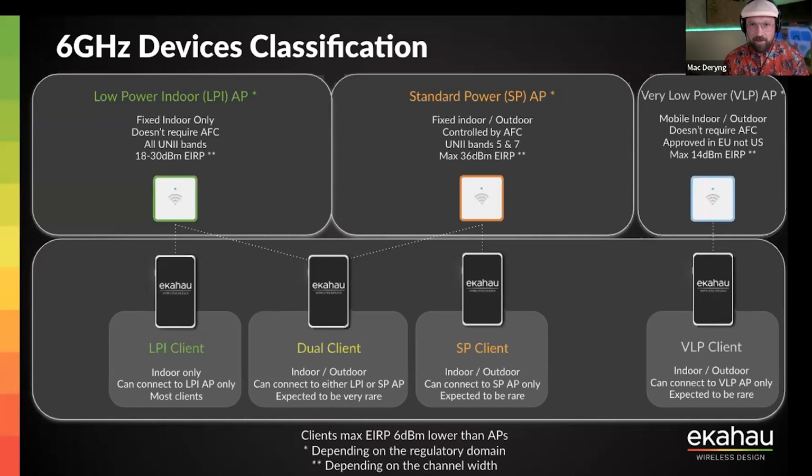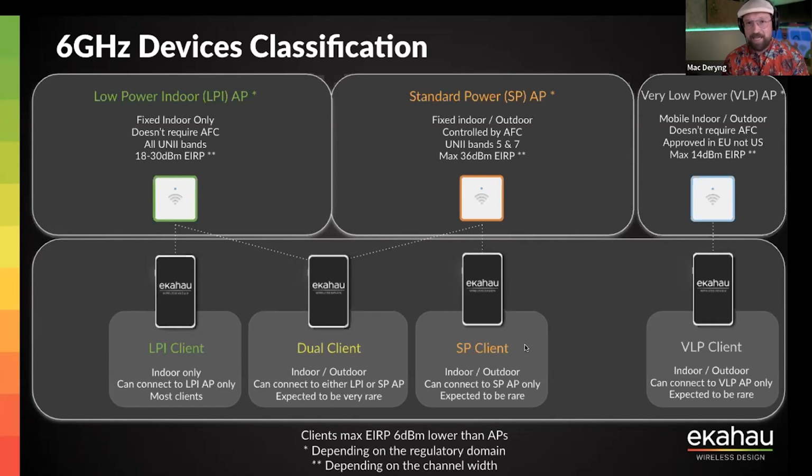So it knows its location, its height, its direction, antenna gain, and it will send this information over to AFC, and then AFC will go back to the access point saying, Mr. AP, you can use the maximum EIRP, so transmitting power level with your gain of, let's say, 10 or 20 or 30 dBm, and also you can use just a subset of channels. You can't use everything, to not interfere with existing 6 GHz technology.